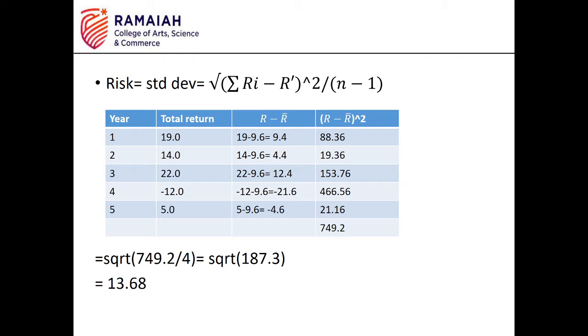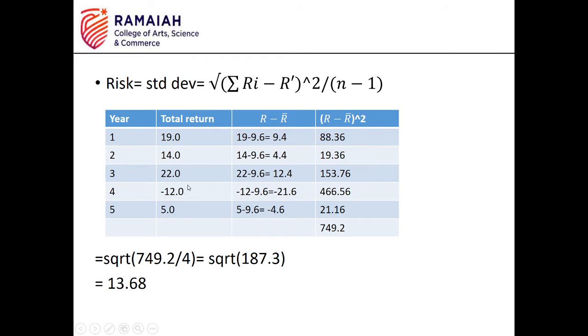This is your formula for standard deviation. You can either write it in variance or standard deviation. Variance is nothing but standard deviation square. If in a particular problem they ask you just the variance, you just remove the square root.